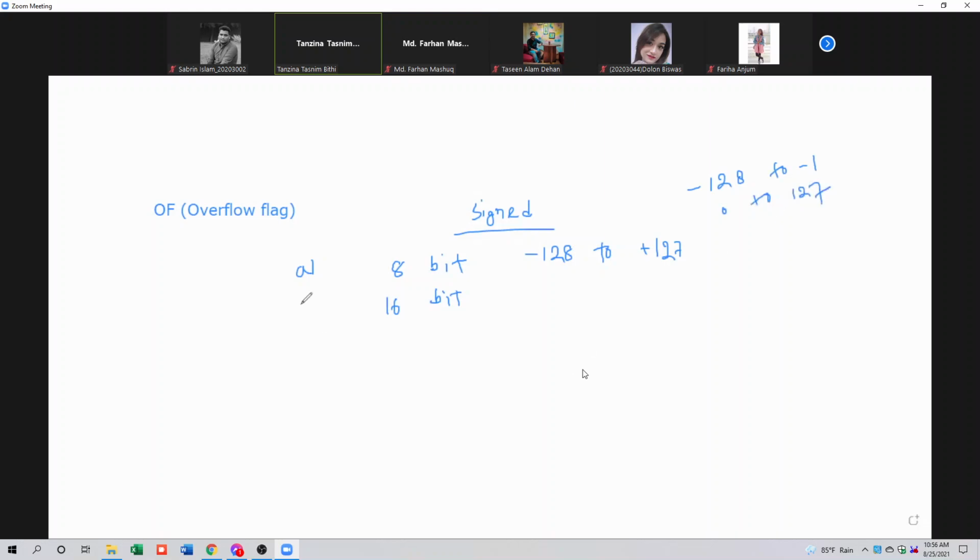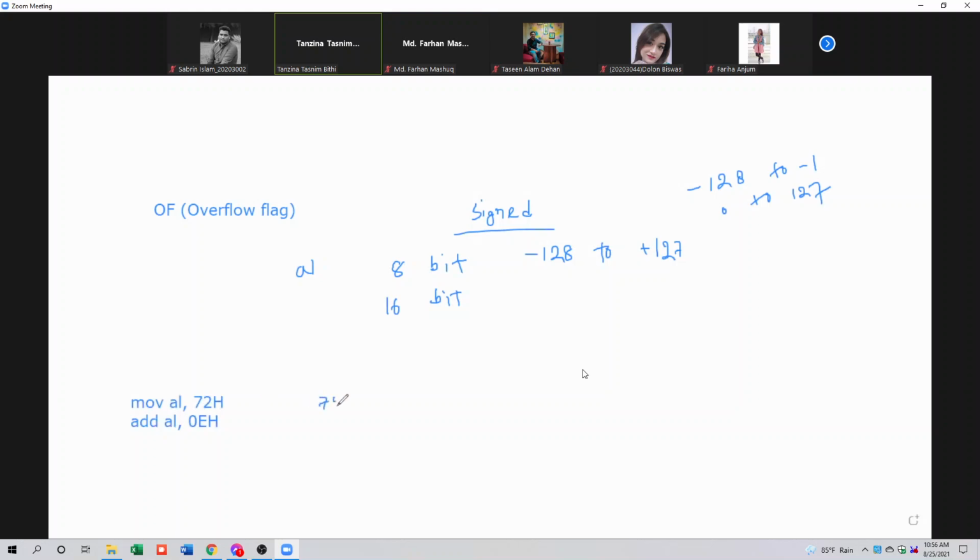Okay. So now after an operation, suppose the operation is an addition. So move AL, 72H, a hexadecimal number, and add AL, 0EH. What will be the value of the overflow flag register after this operation? The first instruction is move AL, 72H.